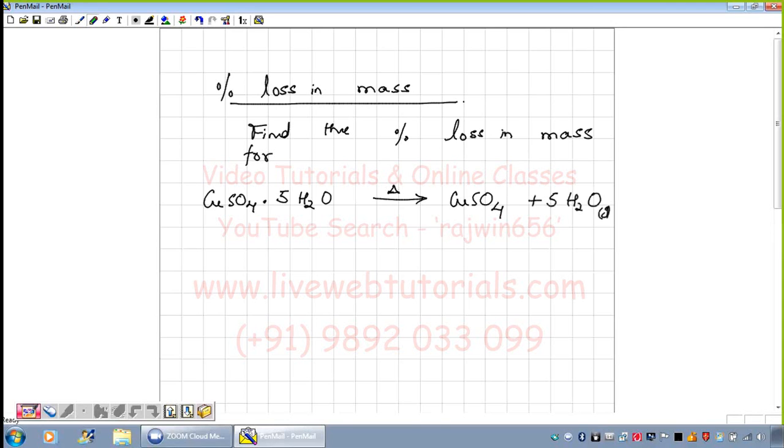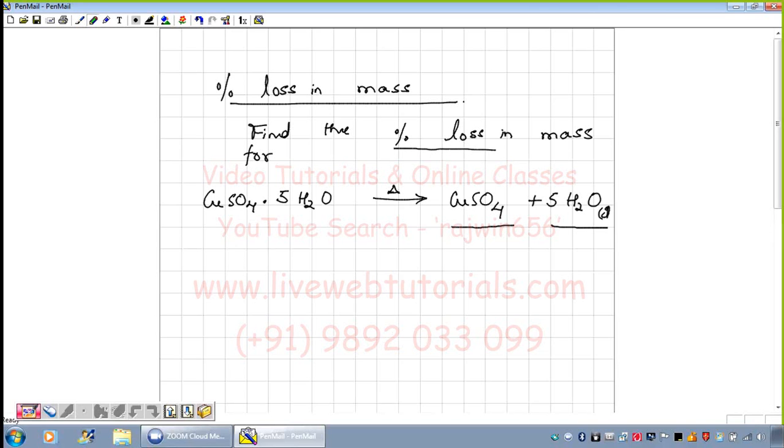Okay. See, the equation that is given to us is CuSO4.5H2O. On heating, CuSO4, this is the solid residue that will remain. This will vaporize in the form of steam because of heat. Okay. Here we are supposed to find the percentage loss in mass.